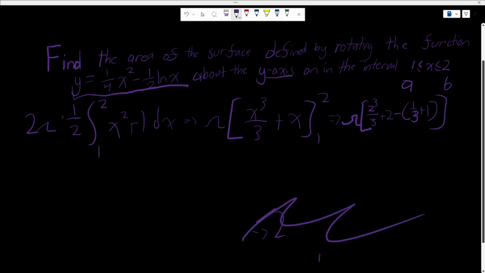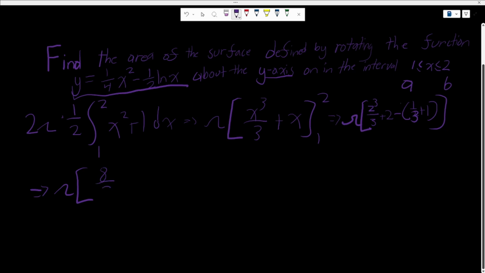So just working this out, 2³ is equal to 8, so we'll have 8/3 + 2 − 1/3 − 1. Changing everything, we'll have π times 10/3, and that is our surface area.